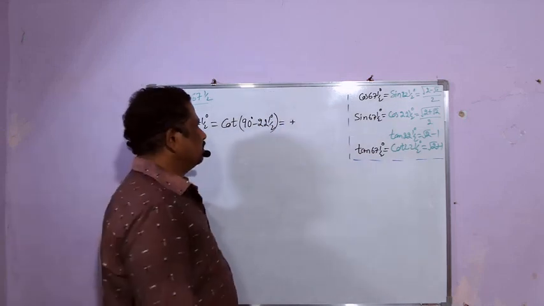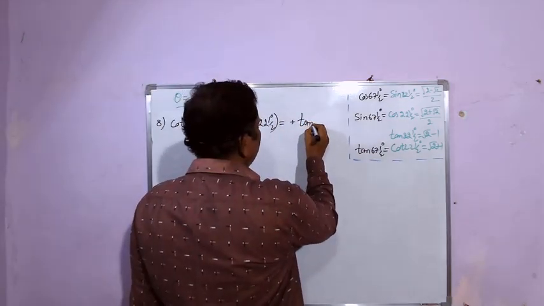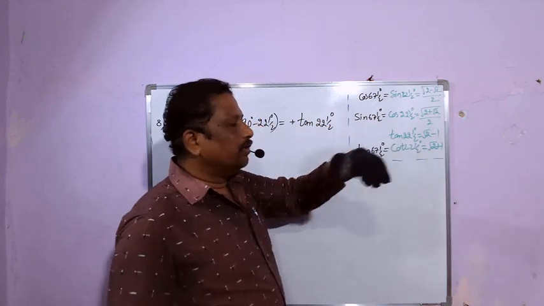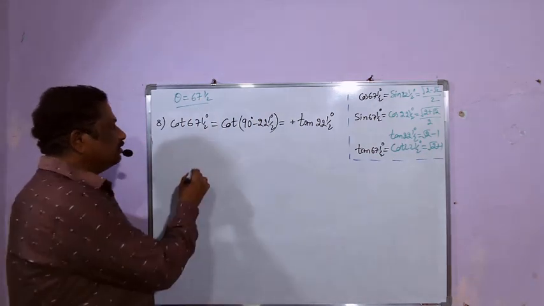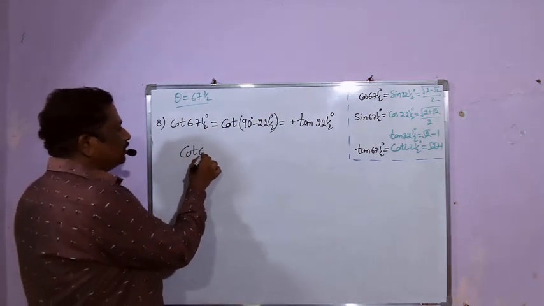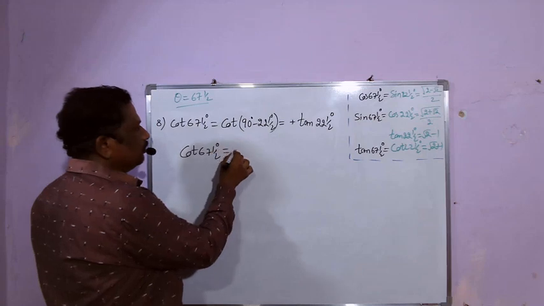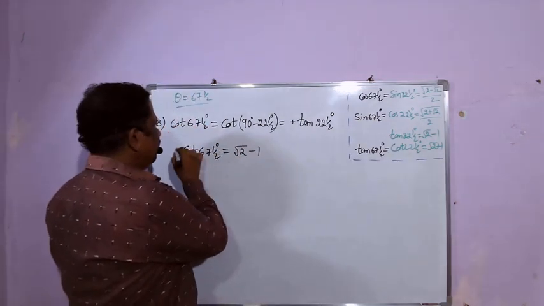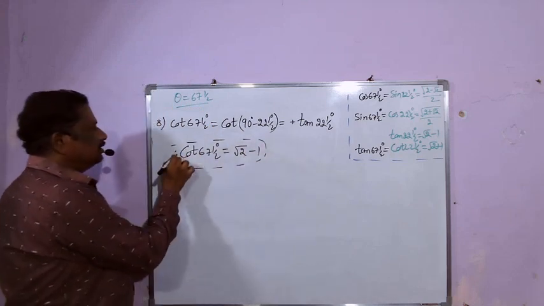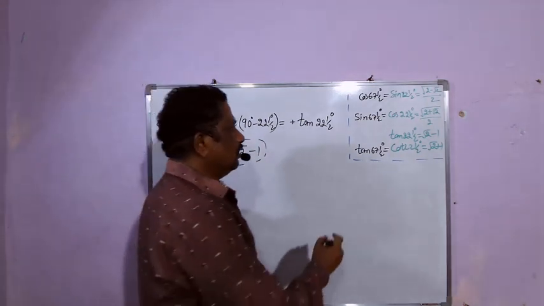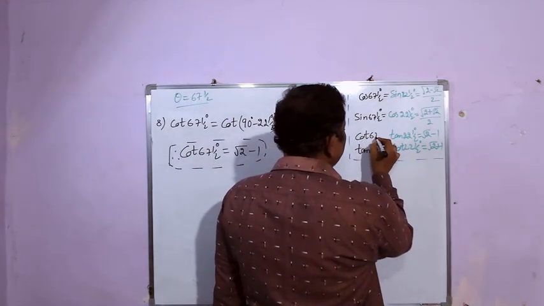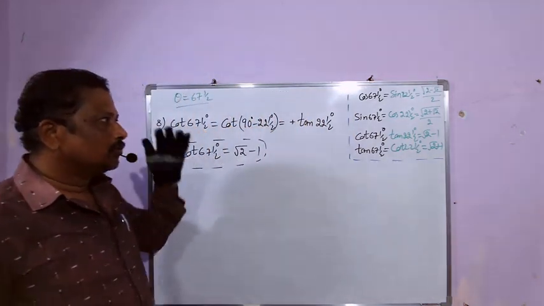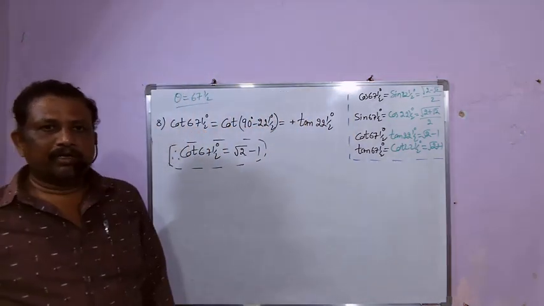So the ratio changes, cot to tan 22.5 degrees. Already we know tan 22.5 degrees, we also derived that value. Therefore, cot 67.5 degrees is equal to root 2 minus 1. This is the cot 67.5 degrees. Okay, clear?